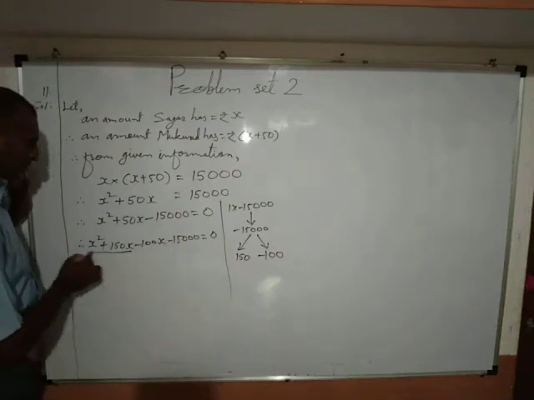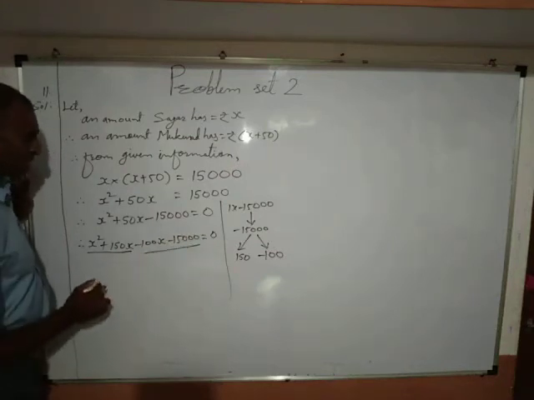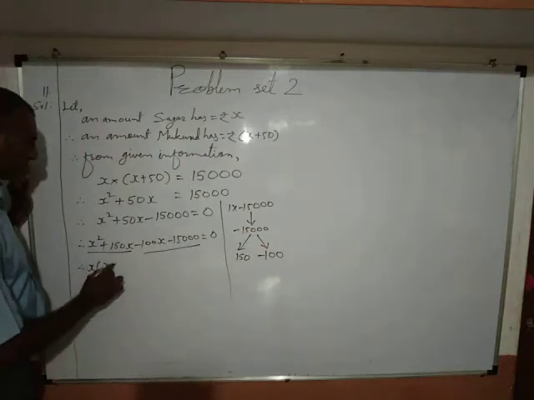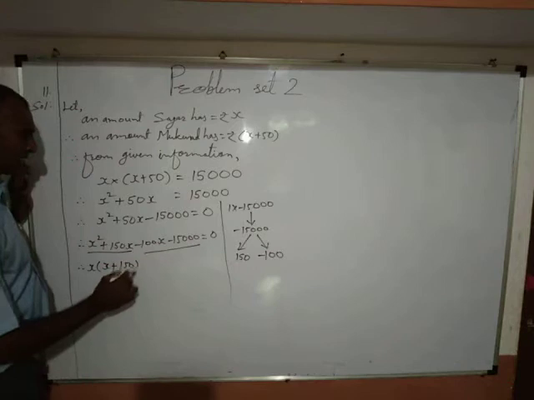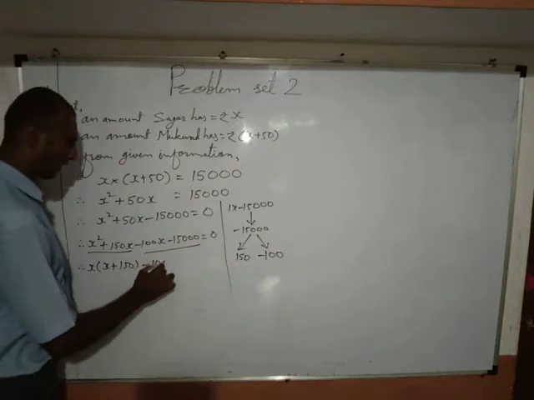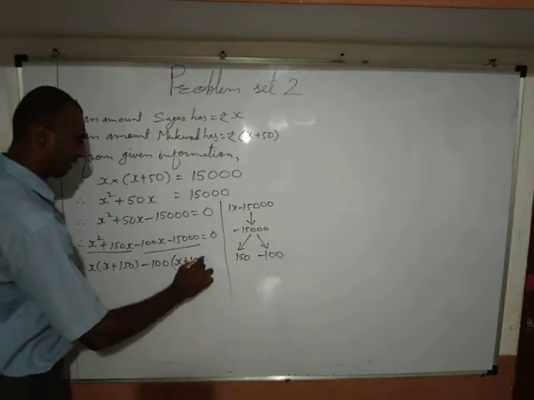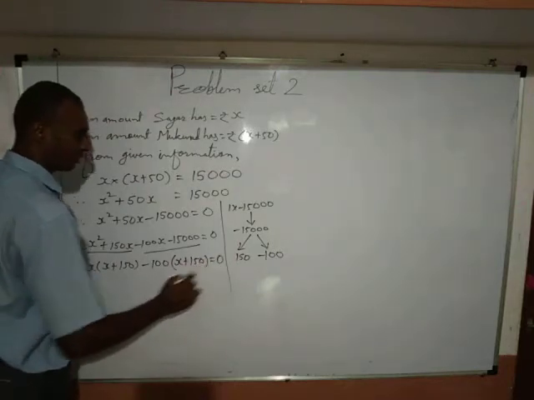Pair the first two terms and the next two terms. From the first pair we may take out x common, therefore in bracket x plus 150. From the next pair we may take out minus 100 common, therefore in bracket x plus 150, equal to 0.